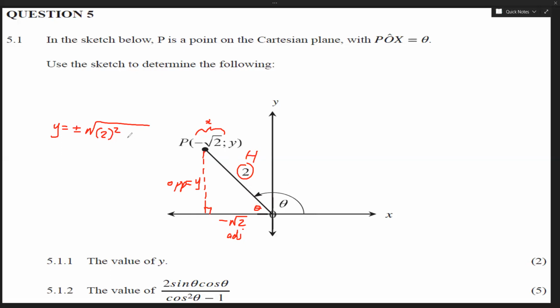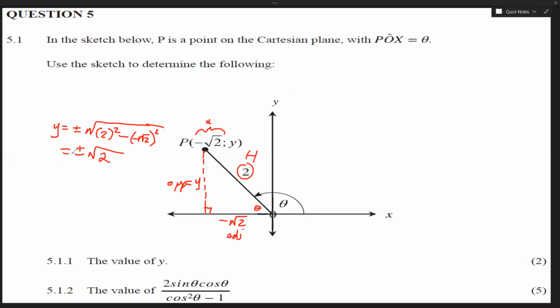Awesome. And then we are minusing by negative √2. Make sure to use brackets, ladies and gentlemen. So here I have plus or minus the square root of 4 minus 2, so it's 2. If you press this on your calculator, it should give you that.